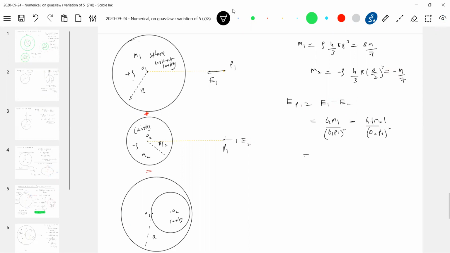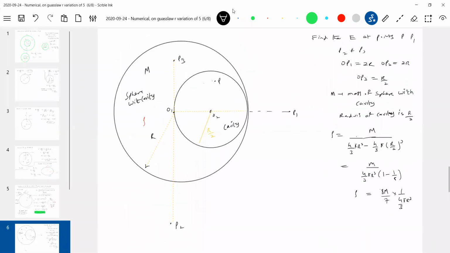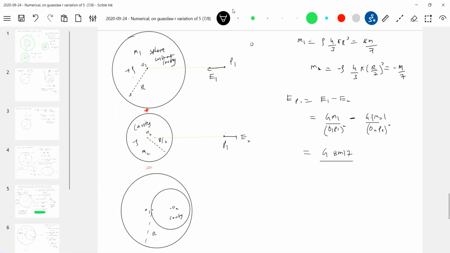So let's substitute the values here. GM1 is 8M by 7. What is O1P1? O1P1 is equal to R. So this will be 2R whole square, G M by 7. O2P1 how much should it be? 3R by 2 whole square. Agree? This distance will be R plus R by 2.